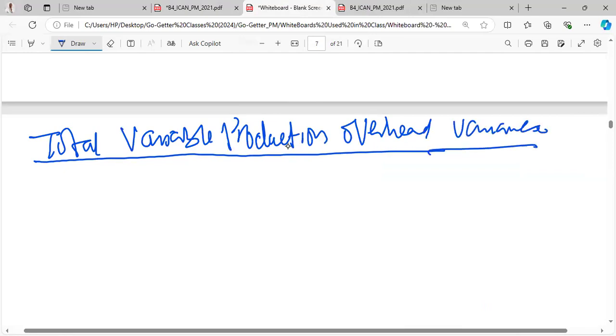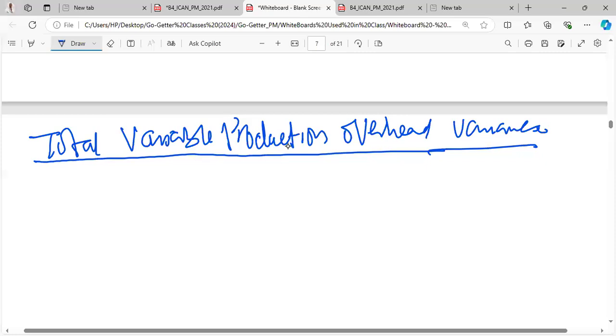Now, if you remember, variable overheads are normally calculated using direct labor hours. So in that case, variable production overhead variances will be using exactly the direct labor variances.